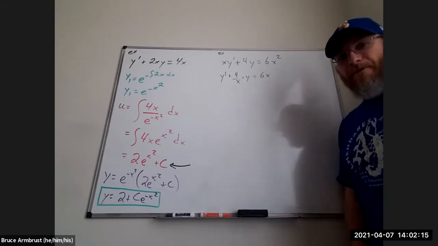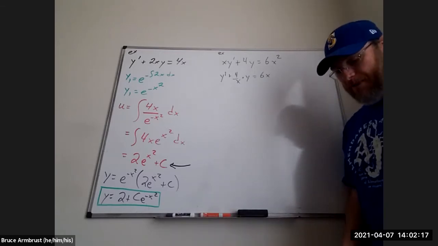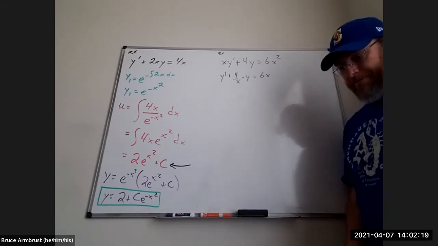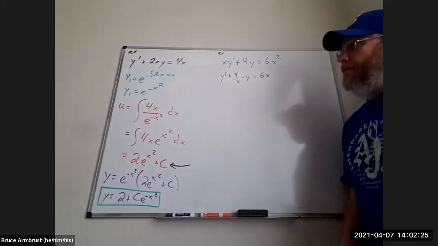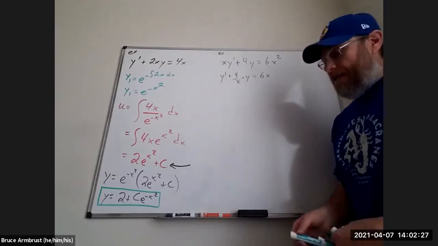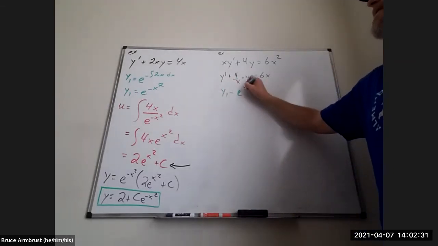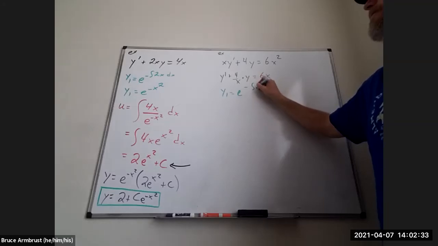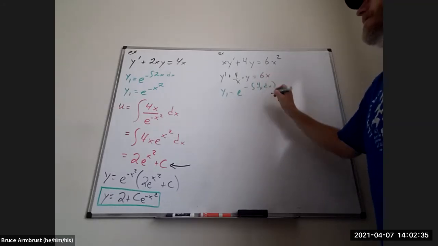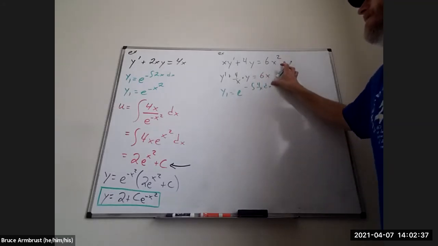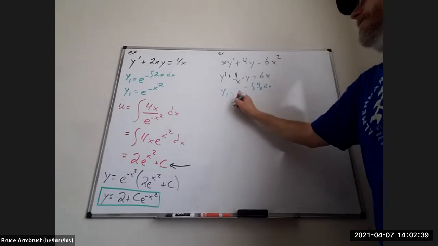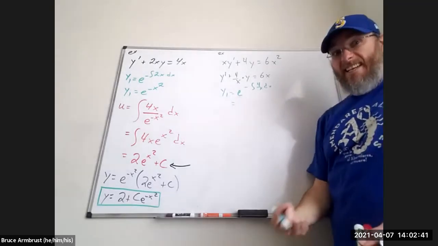But now that we're in the right form, what do we do? What's the next step? The homogeneous solution. Okay, let's get a solution to the homogeneous. So we're going to do the old y1 equals. So y1 is going to equal e to the minus integral of 4 over x. Now this is actually the one that we already did.